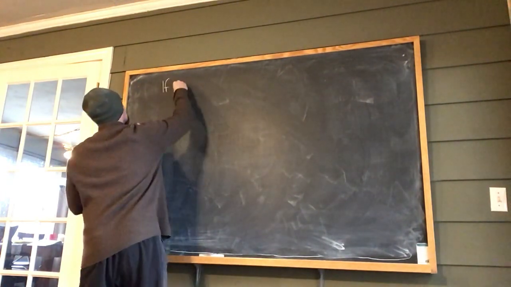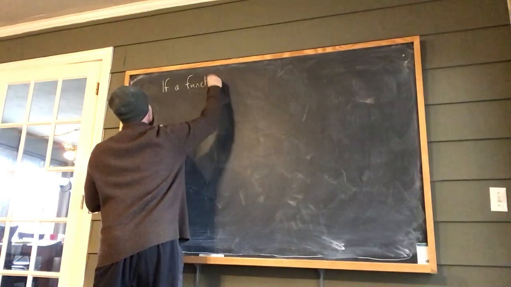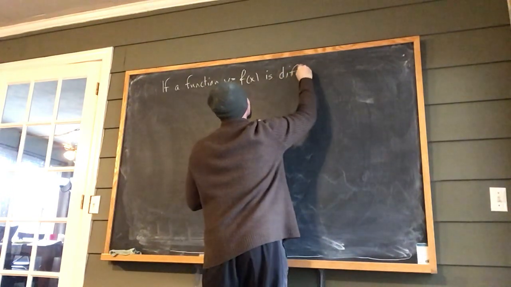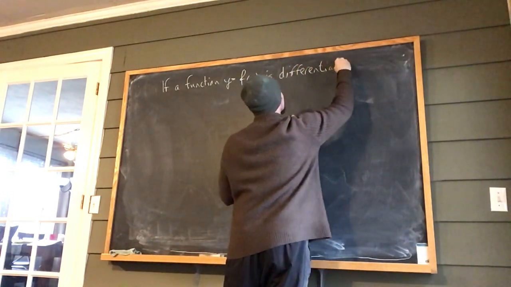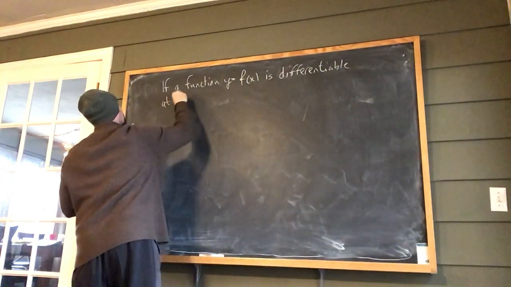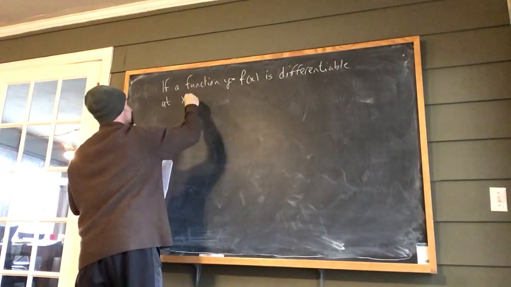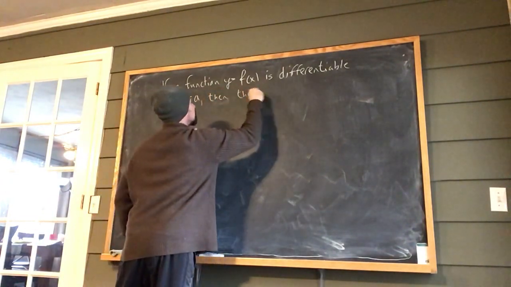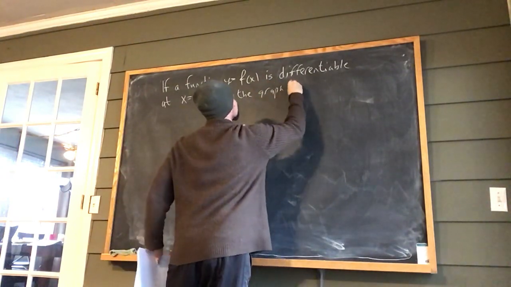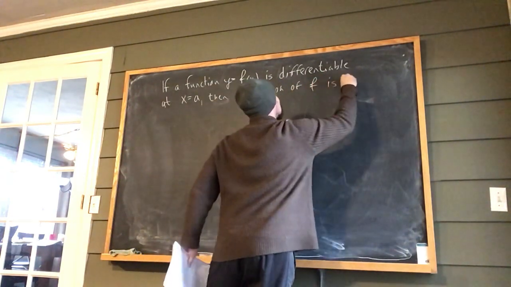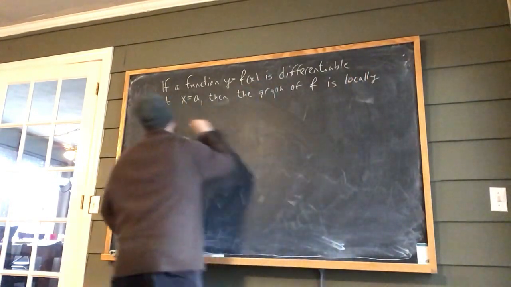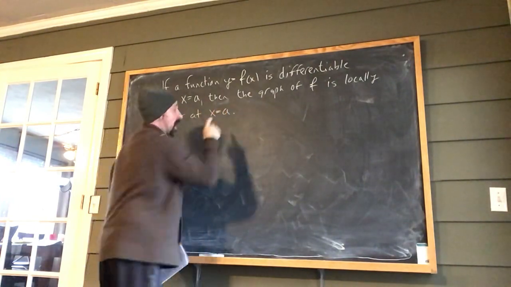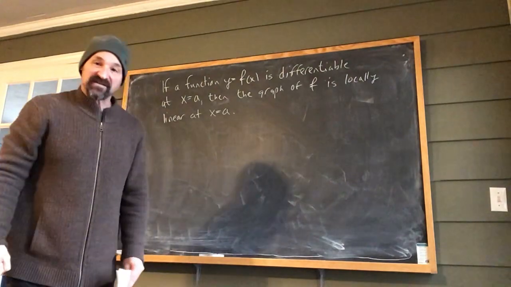If a function y equals f of x is differentiable at x equals a, then the graph of f is locally linear at x equals a.